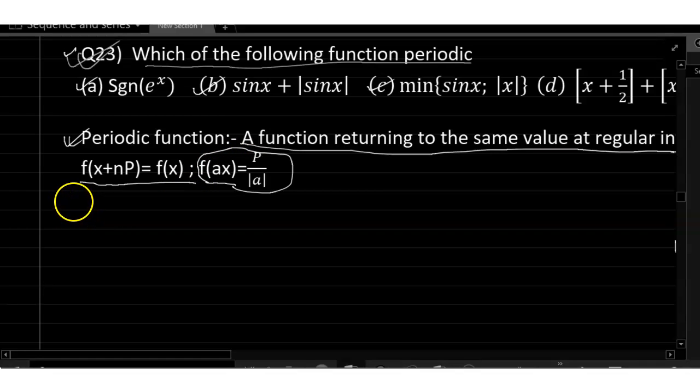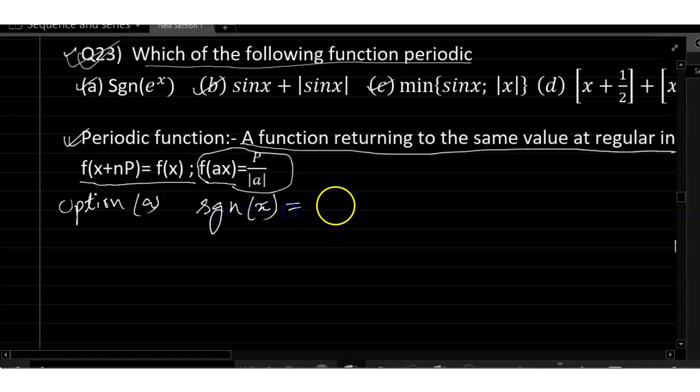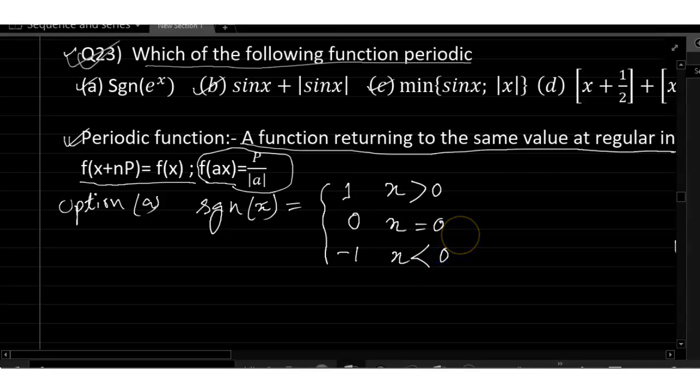So first is option A. For option A, signum function sgn x is equal to 1 for x greater than 0, 0 for x equals 0, and minus 1 for x less than 0. Therefore signum of e to the power x, and e to the power x is always positive, so it equals 1.